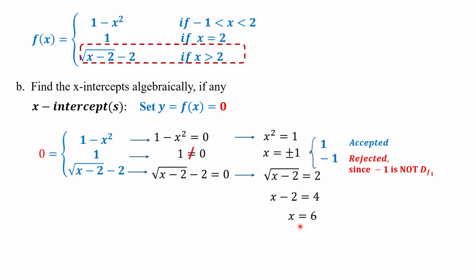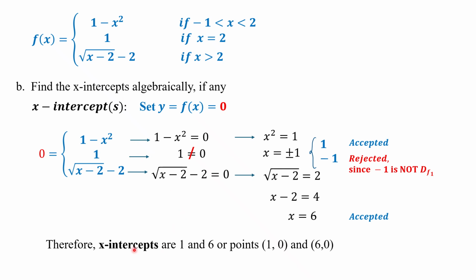Now this x equal to 6 is supposedly the x-intercept for the third equation. In this third equation, the domain is x greater than 2. Since 6 is greater than 2, we accept that 6 is the x-intercept for the third equation.